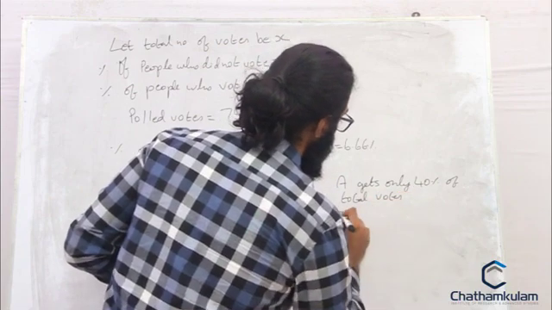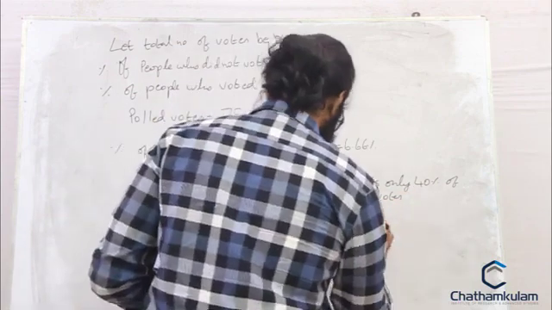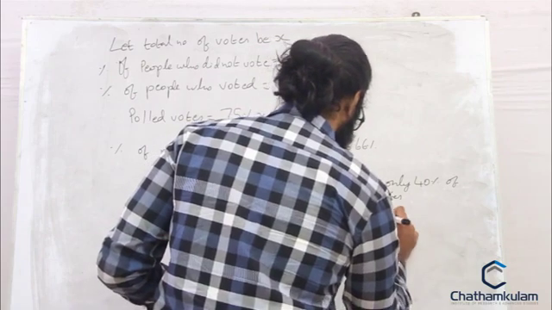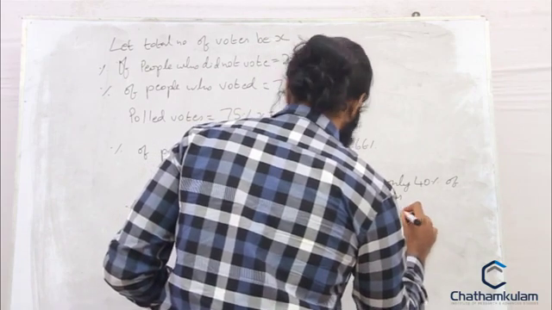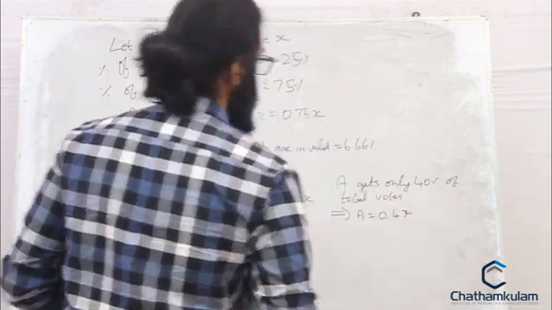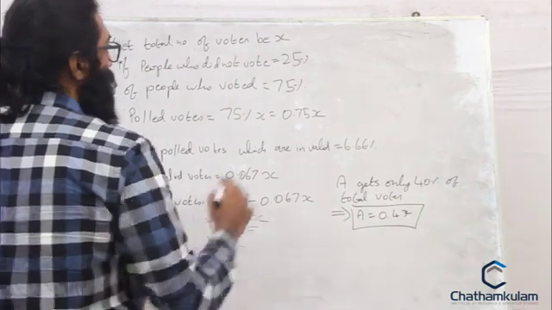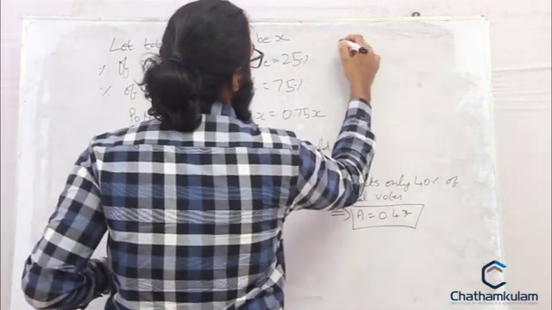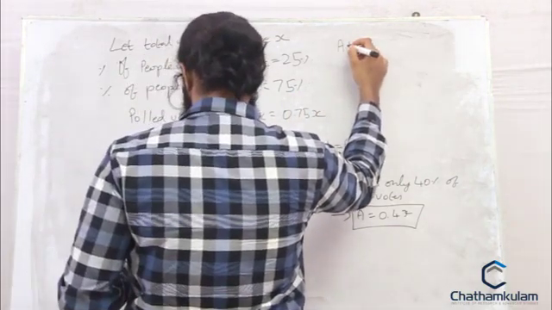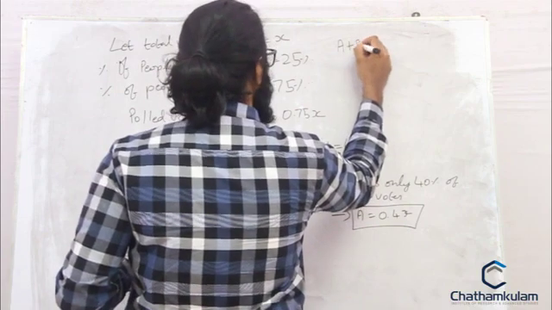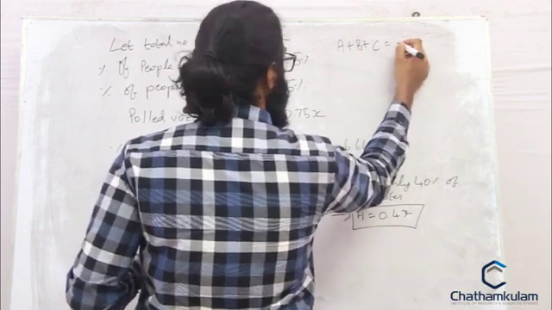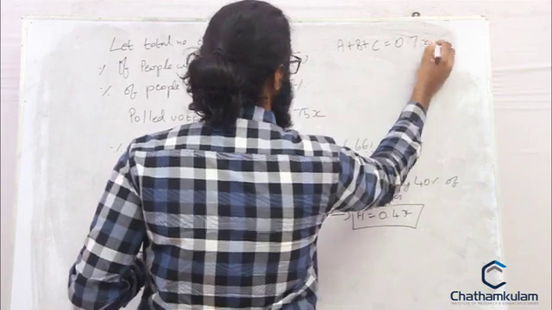Which implies A equals 0.4x. This is what is given in the question. We also have A plus B plus C equals 0.7x.